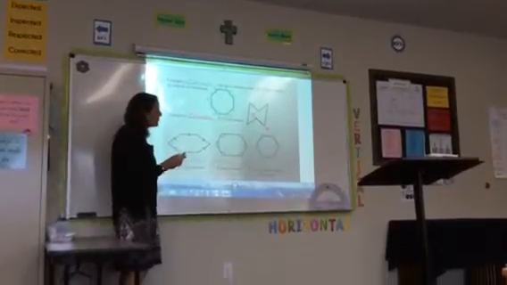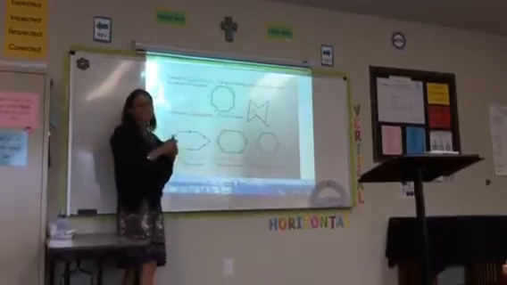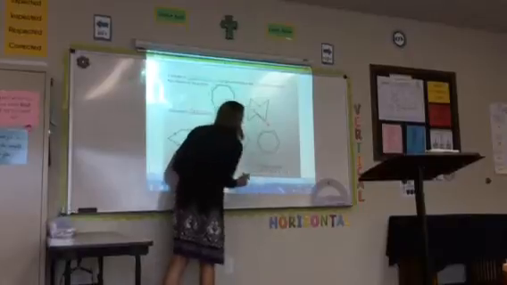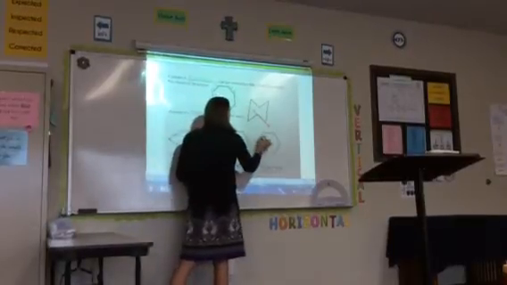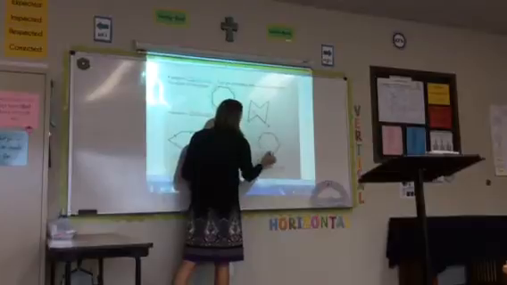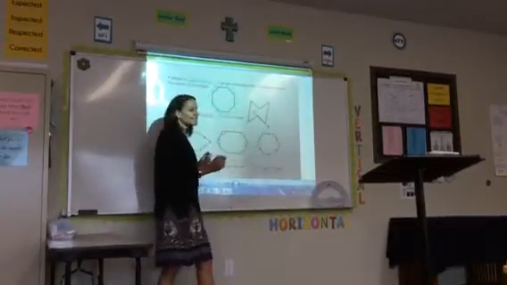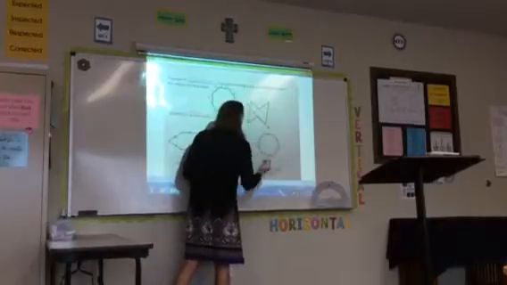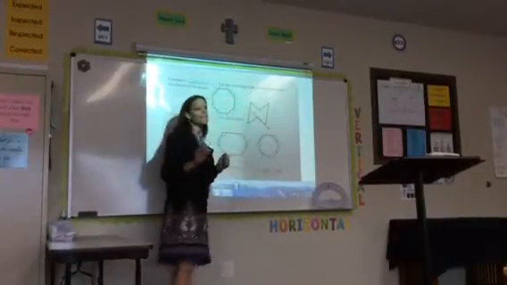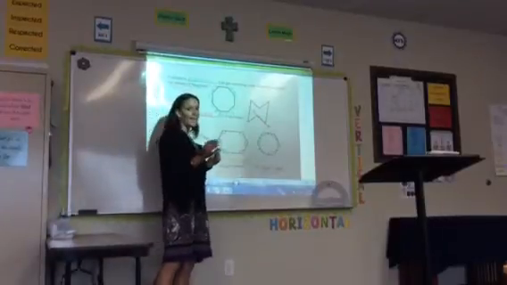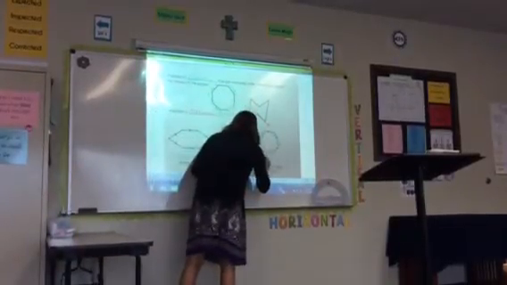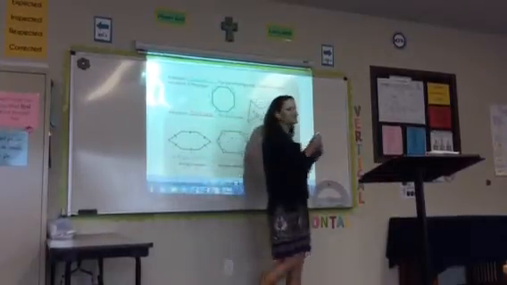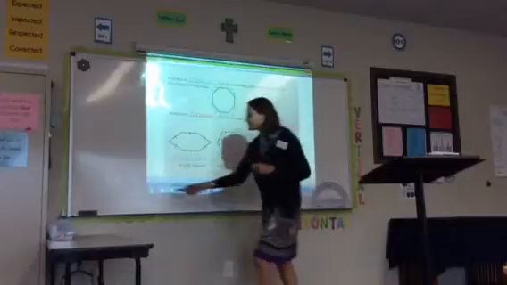And the last one over here has both the sides and the angles. Both the sides and the angles are congruent. So you've got tick marks for your congruent sides, and you have arc marks for your congruent angles, and that means it is a regular polygon.